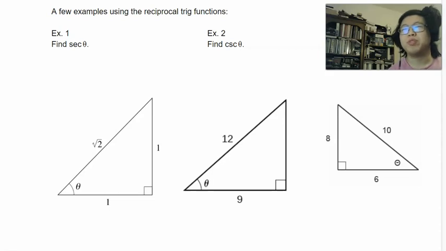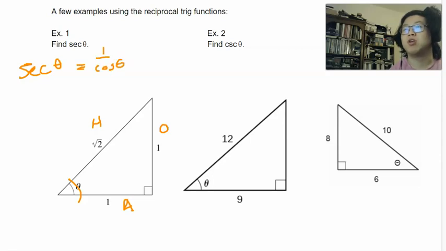So here we go. This first one, secant. When I think about secant of theta, here's my angle. Again, I still need those side labels. So here's my opposite, adjacent, hypotenuse. But now I have to think about what's the reciprocal of cosine, because this is a secant. C for cosine. So I'm looking at 1 over cosine.